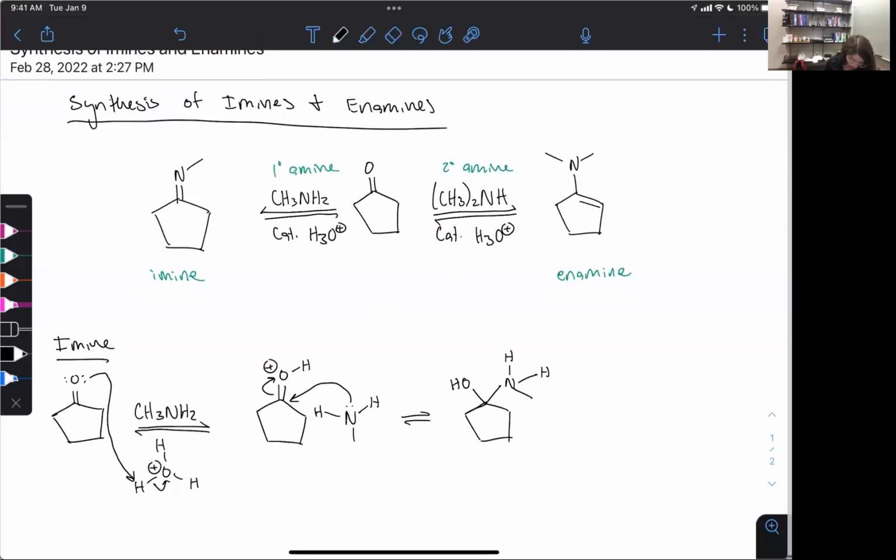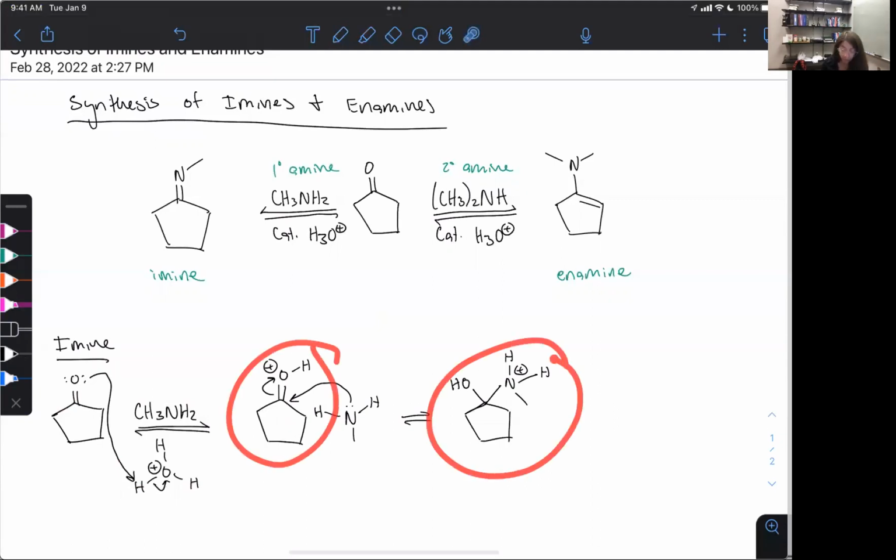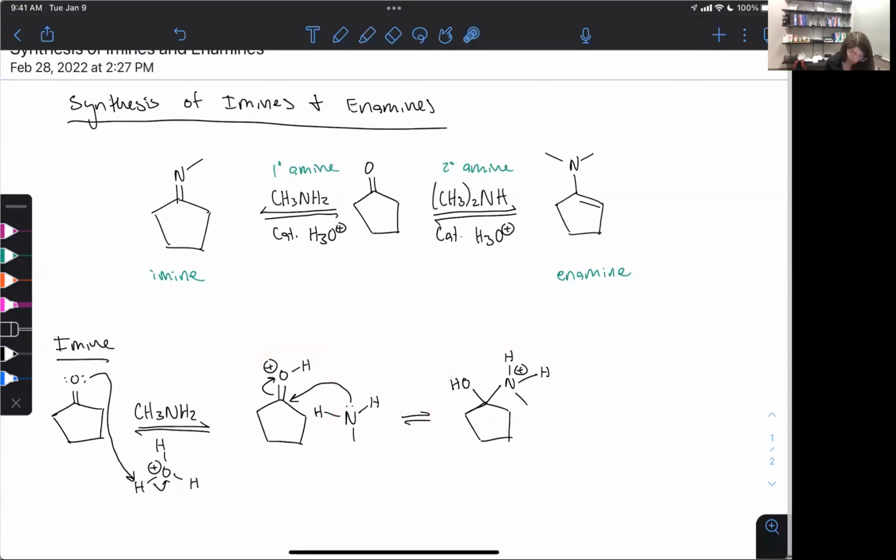At this point, my nitrogen is now positively charged. Again, we don't have huge energy differences going on here. If I'm trying to get to an imine structure, we need to figure out how I'm going to get a double bond at that nitrogen.